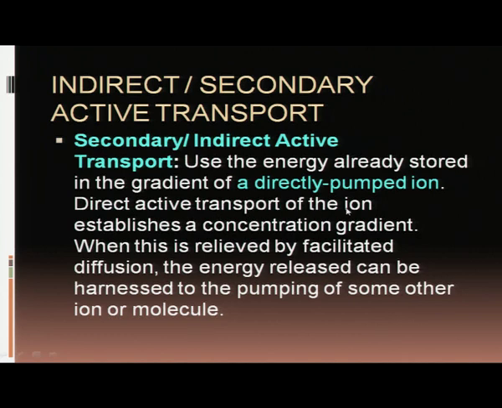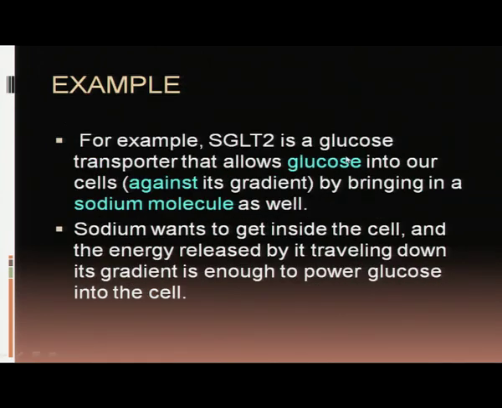Direct active transport of an ion establishes a concentration gradient. When this is relieved by facilitated diffusion, the energy released can be harnessed to the pumping of some other ion or molecule. Example, glucose and sodium transport. Sodium wants to get inside, and the energy released by its transfer will be used to transport the glucose.